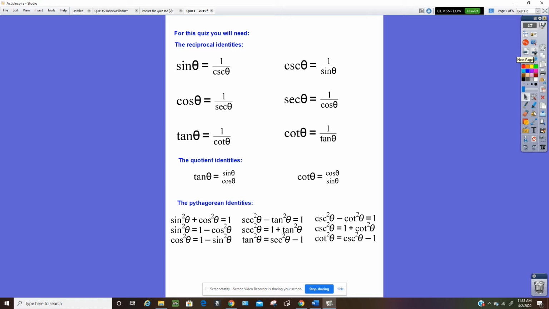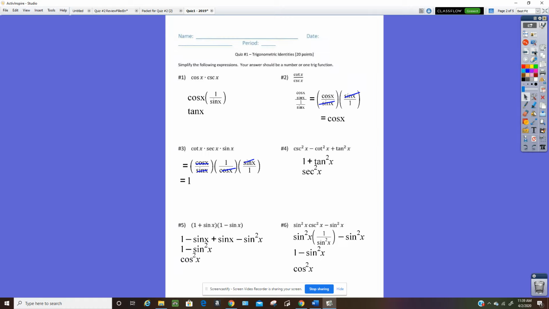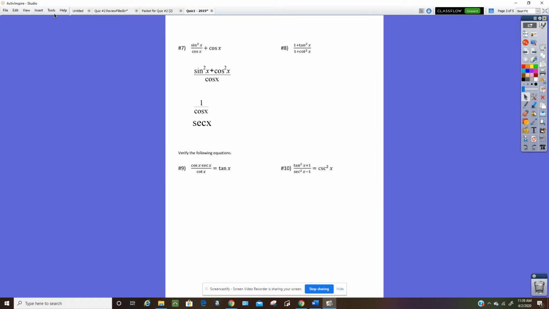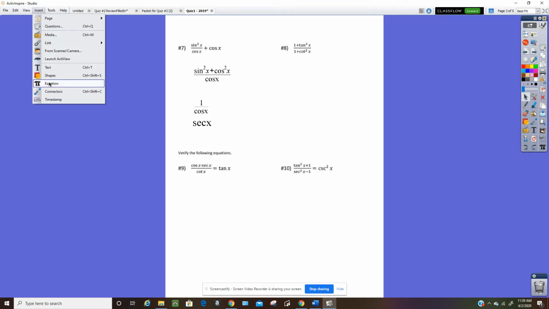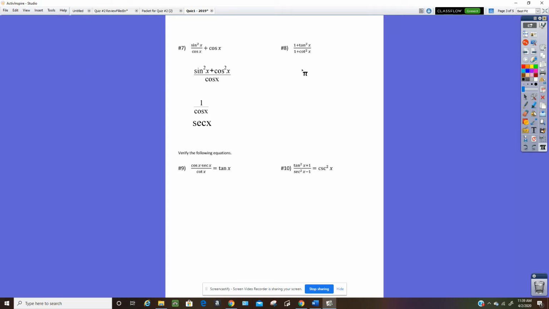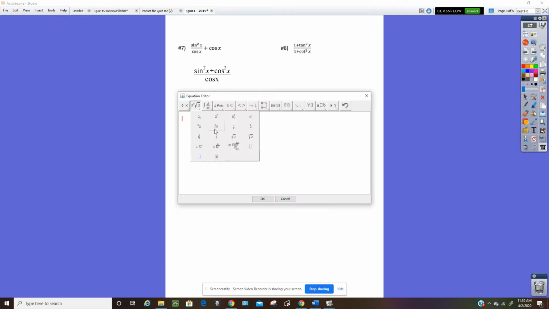So I have secant squared over cosecant squared.